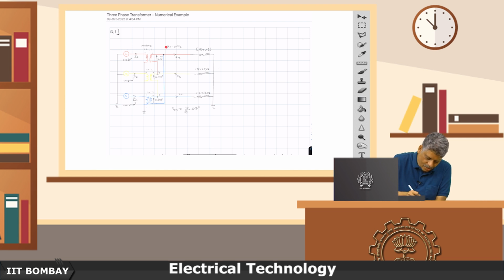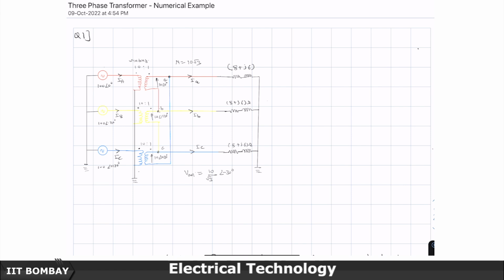As far as this load is concerned, I want to imagine this side as a star connection of source voltages transformed from here to here, and all that analysis, the 30-degree phase shift and the √3 value, I have already done in my previous lecture, so I am well equipped with that. And then I have a balanced star voltage source on the secondary side, connected with a balanced star load also on the secondary side.